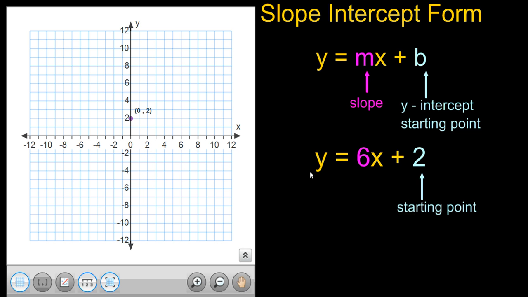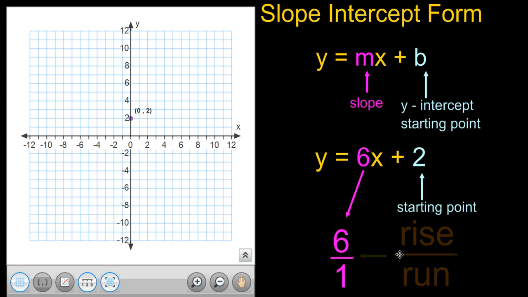Next, I need to look at my slope, and my slope is 6. I need to write that as an improper fraction. If the slope is already written as a fraction, you just keep it the same. And then we want to recognize that this is the rise over the run.